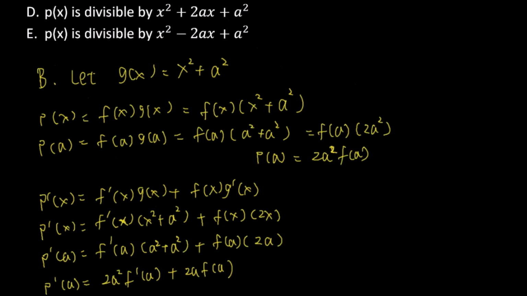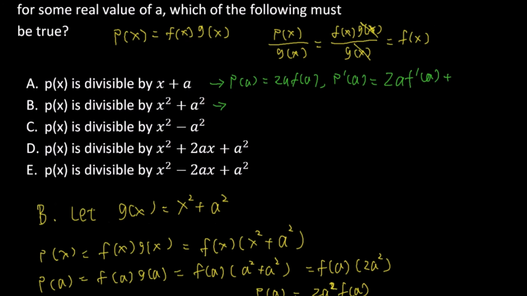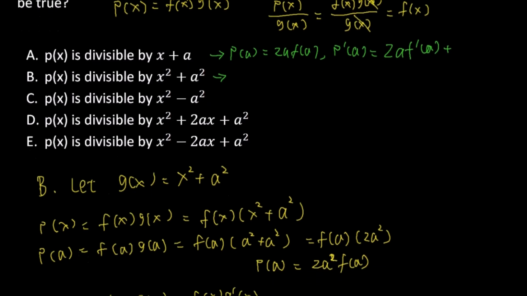But anyway, we have the finding here, so let's write that down. So we know that for B, what we figure out is P at A, which is this one here, P at A is equal to 2A squared times F at A. Now what's P prime at A that we found?